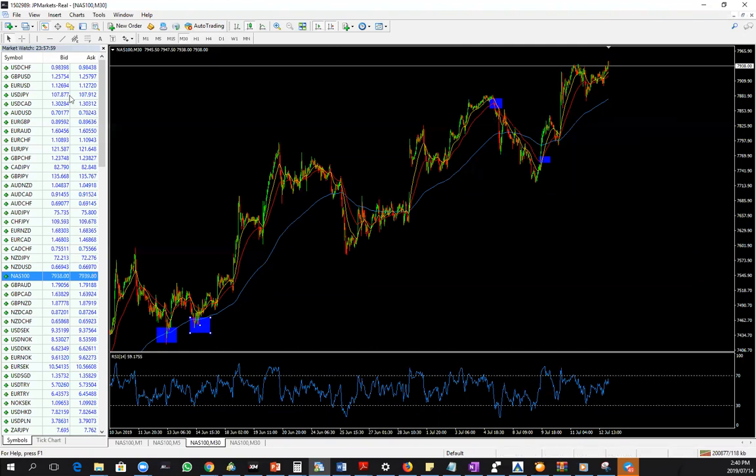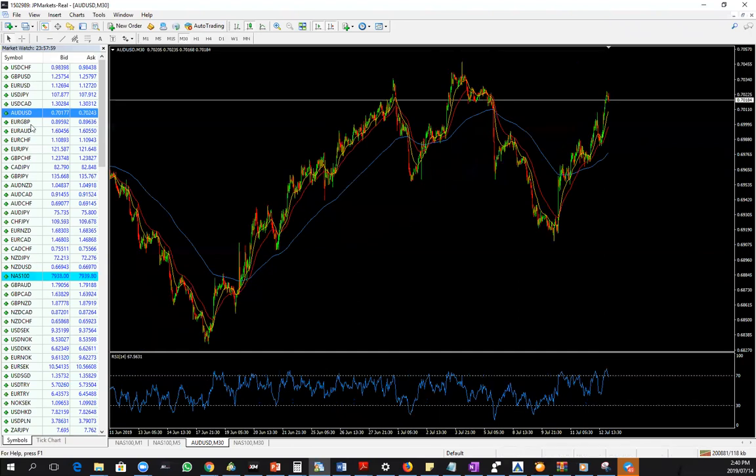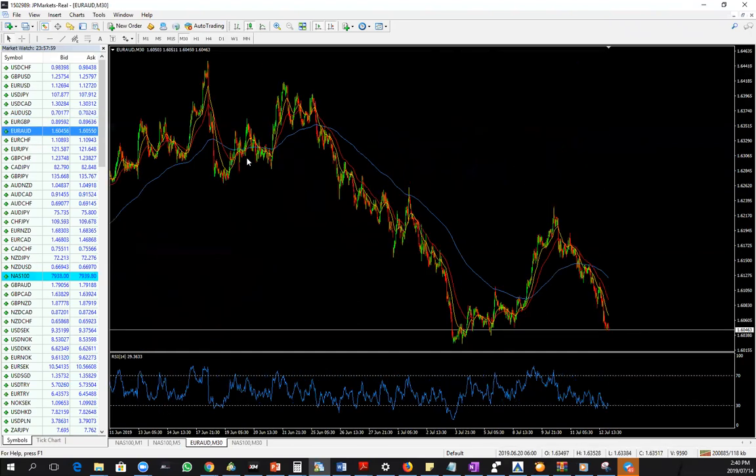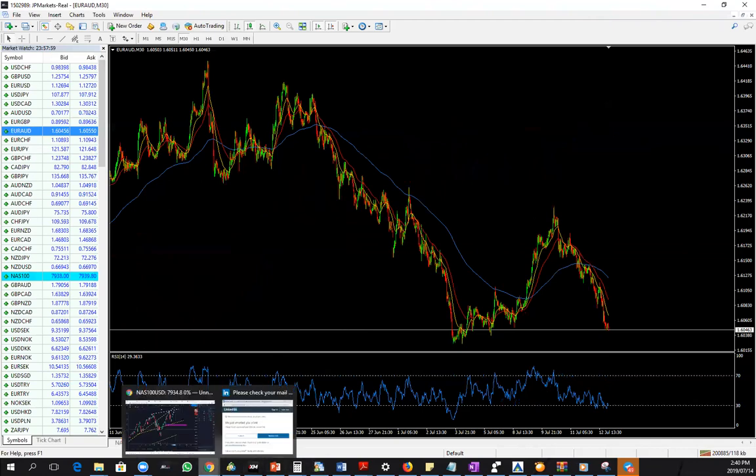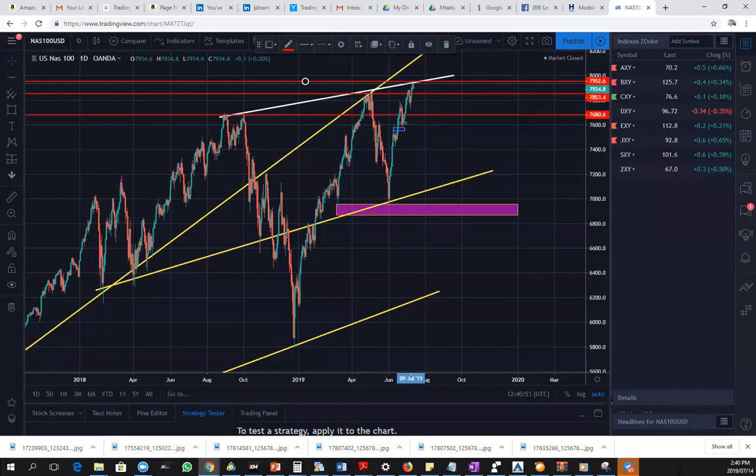I can just pull up any chart and I know exactly where the trend is going at that present moment. But I'm not going to just enter buy when it's going up. I'm going to use what I've been taught by Mr. Mnisi. I'm going to go to the longer time frames and analyze it properly and see whether I'm looking for entries on the buy or entries on the sell, depending on that analysis.